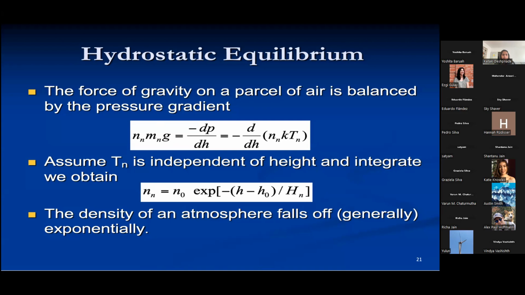If you assume that the temperature is independent of height, you can attain the following equation for the density of each species, where H is the scale height of each independent species. So the density of the atmosphere falls off exponentially.